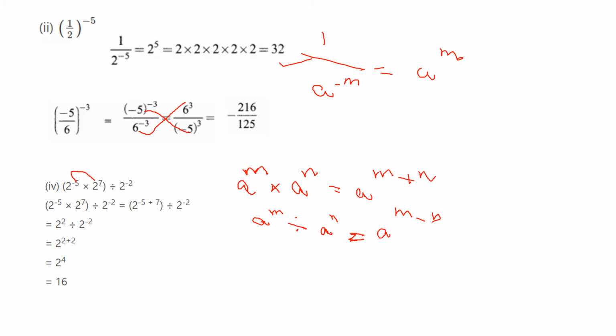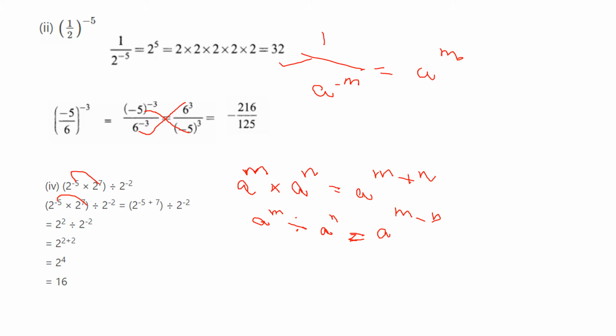Okay. So first identity here, a to the power m into a to the power n. So minus 5 plus 2 is what? Minus 5 plus, not 2, minus 5 plus 7. Minus 5 plus 7, that is 2. So 2 to the power 2 divided by 2 to the power minus 2. That is, divided means we can subtract.